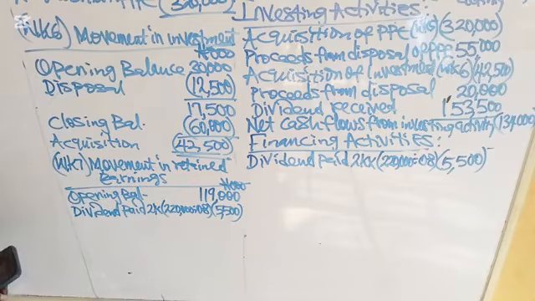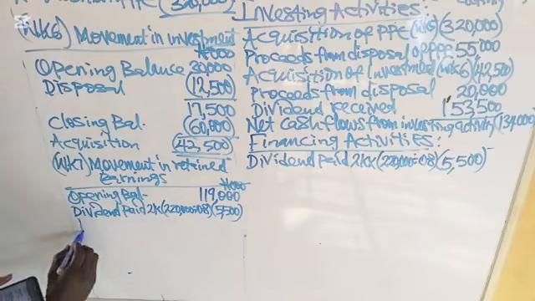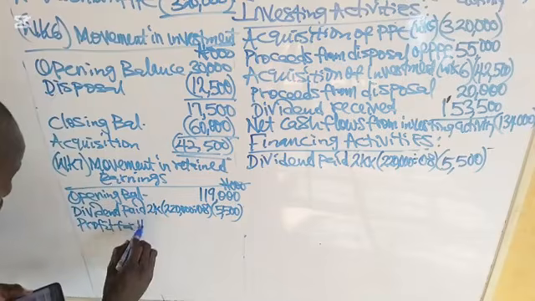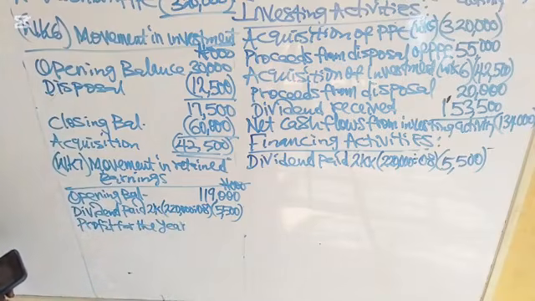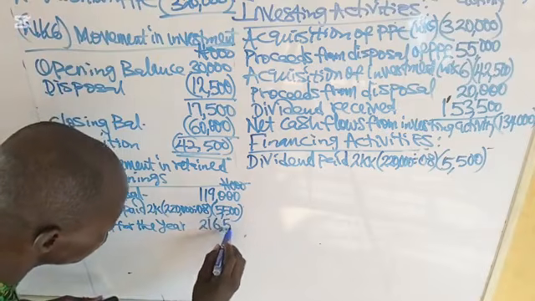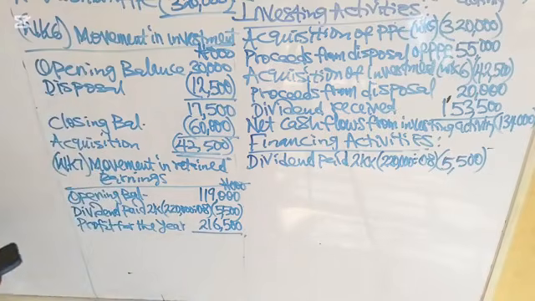What next? Do you have any other thing? Profit for the year. How much? 216,500. So is it 5,500 or 55,000? It's 5,500.